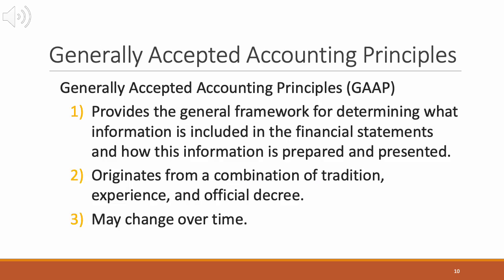Let's talk about GAAP, Generally Accepted Accounting Principles. Think of GAAP as the rule book for accounting. It provides the general framework that tells us what information goes into financial statements and how that information should be prepared and presented. Where does GAAP come from?